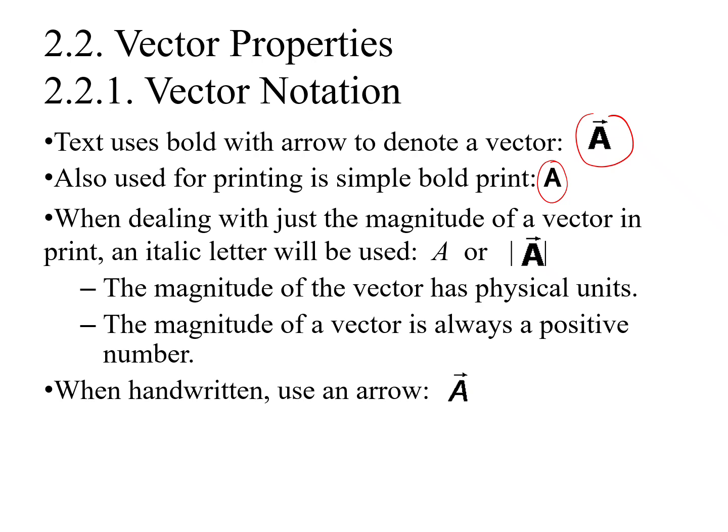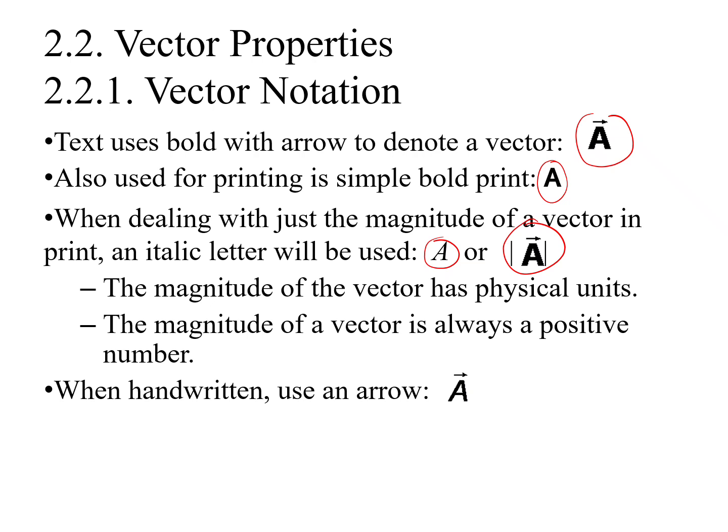When we are talking only about the size of a vector, we call that the magnitude. We can write the magnitude as a letter or a symbol without an arrow on top of it, and in print, usually use an italic font for that. And we can also indicate it as the absolute value of vector A in this example.